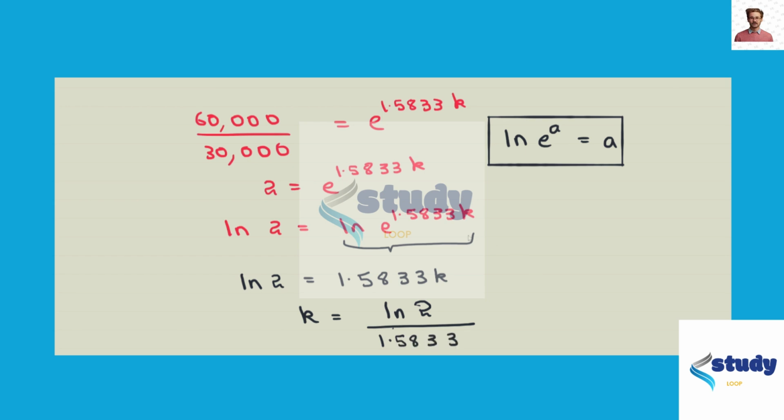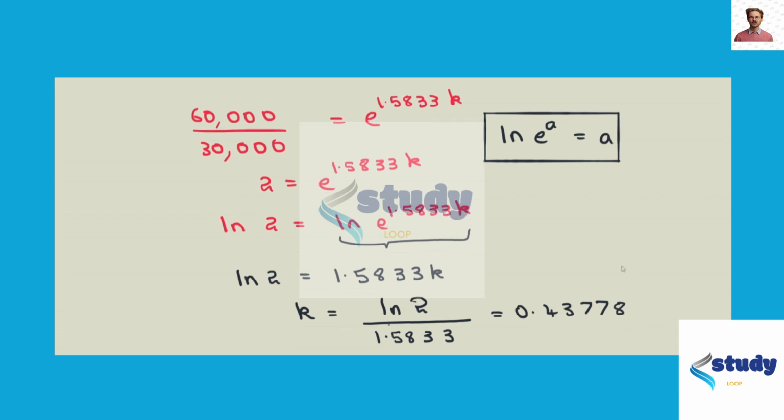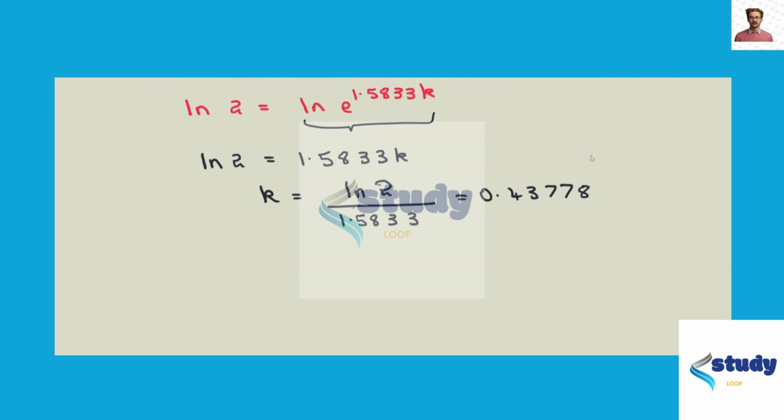When we take the natural log of 2 and divide it by 1.5833, we get the value of k as 0.437778.